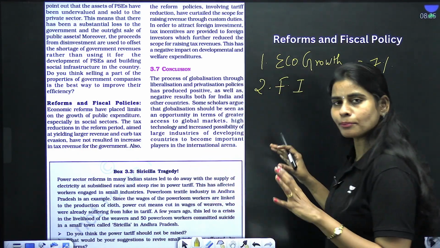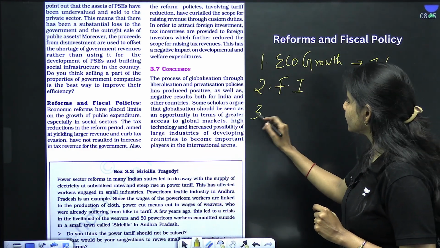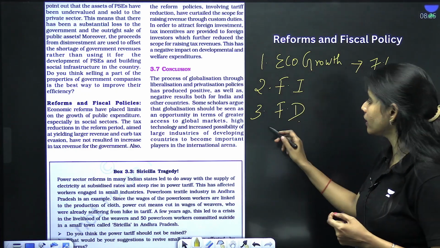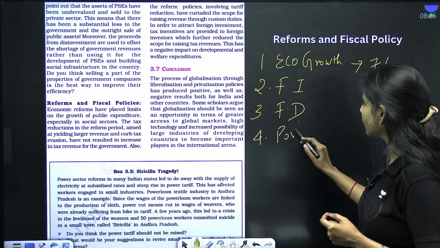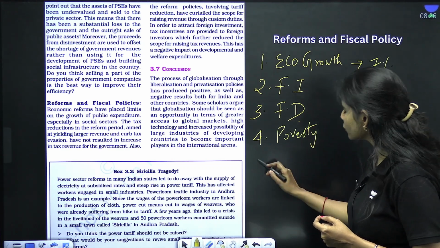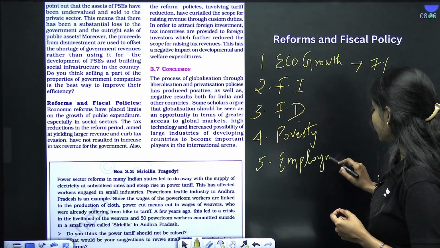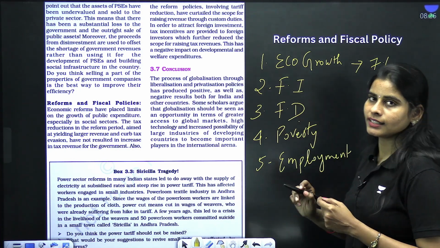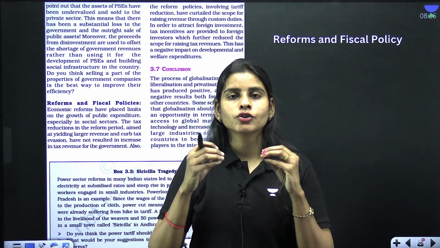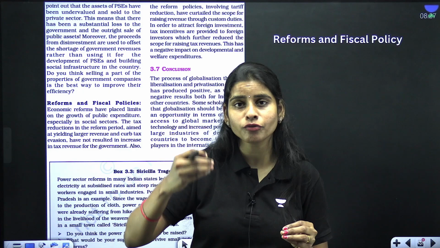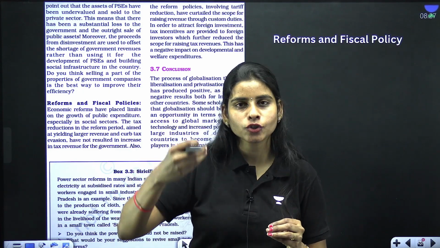So all these things supported India's economic growth, and then we were able to reduce the fiscal deficit, and we were able to reduce poverty, and generate a sufficient amount of employment, but again not immediately, after some period of time. We were able to actually perform better in the international market in terms of exports also, because we started to promote exports.